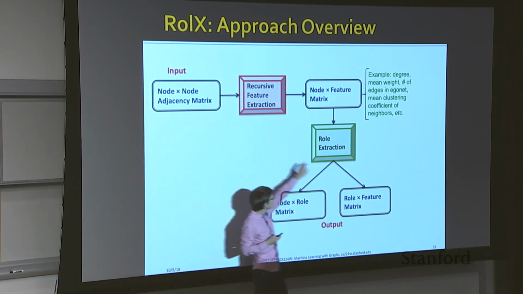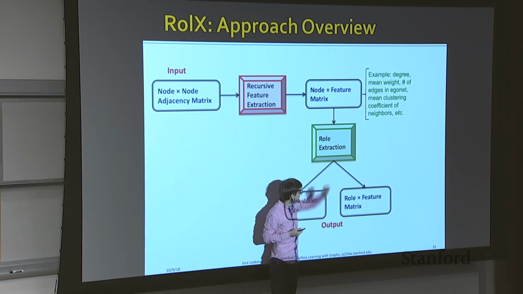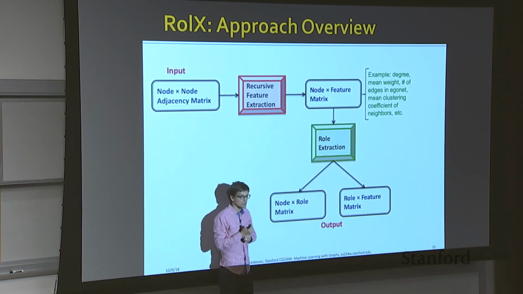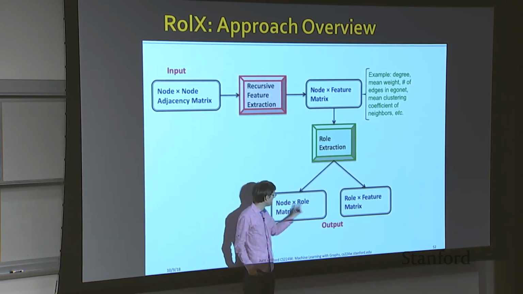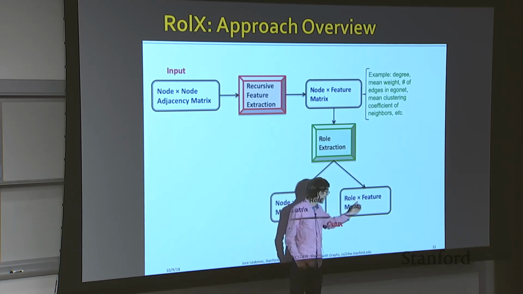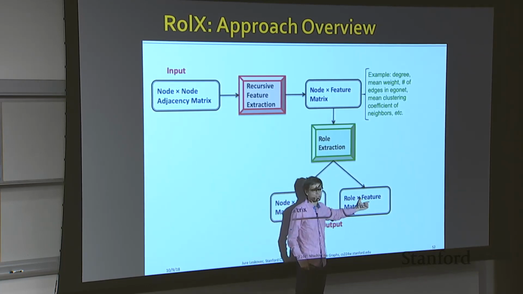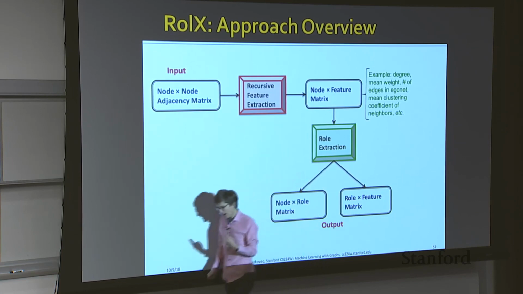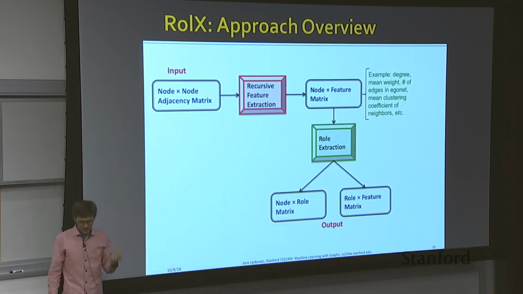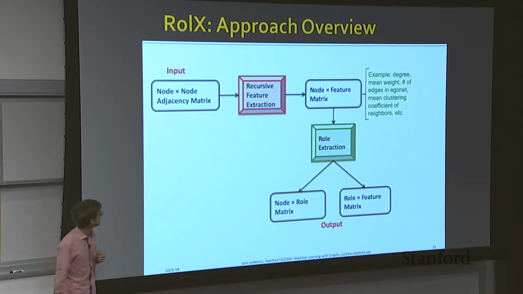After we have this matrix, we will do role extraction, where we will get two things out. We will get the assignment of nodes to the roles, and we will also have the definition of a role through these features. Okay, so we get two things. We discover the roles, and we discover how to assign nodes to the roles.